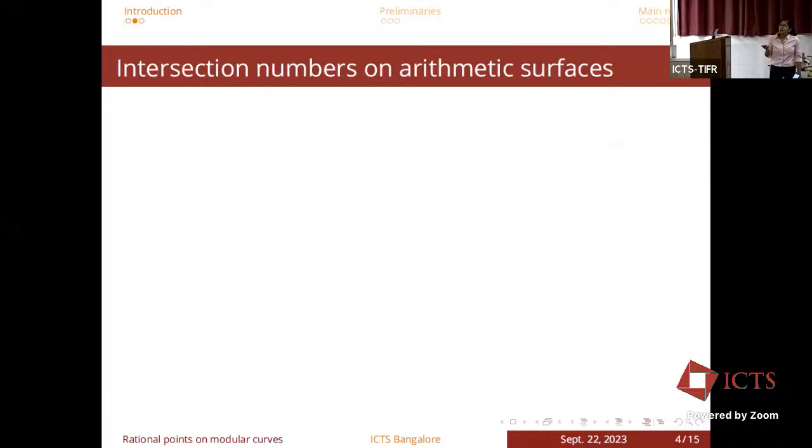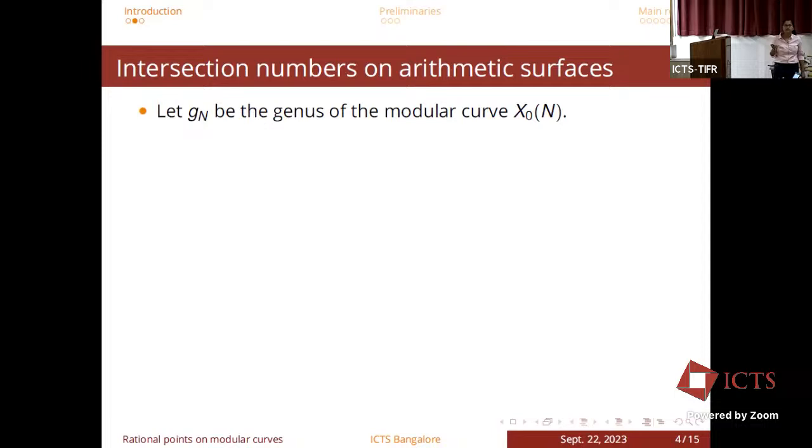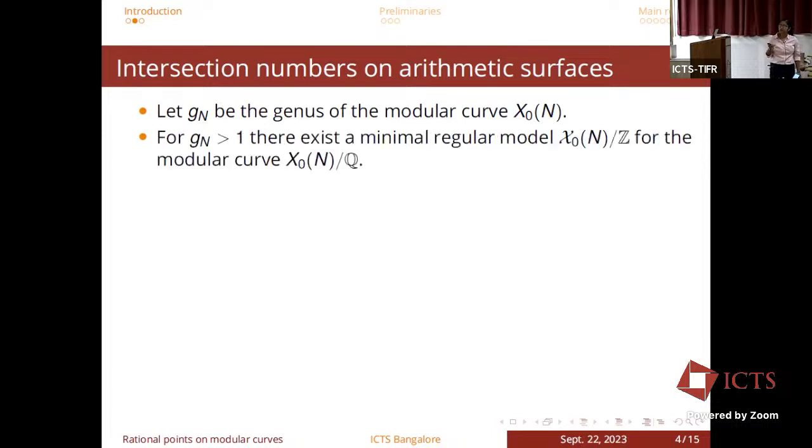Now I'll introduce the intersection numbers on arithmetic surfaces. Let G n be the genus of the modular curve X naught n. For G n greater than 1, there exists a minimal regular model chi naught n over Z for the modular curve X naught n.